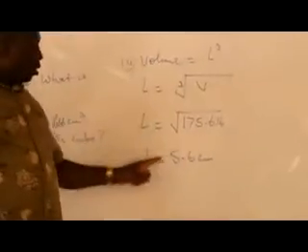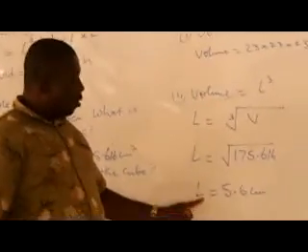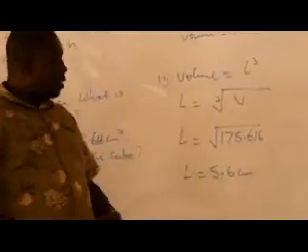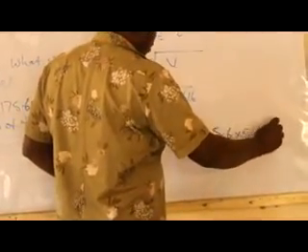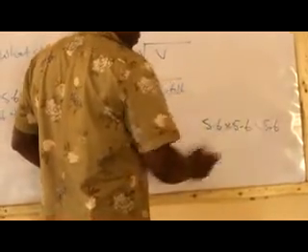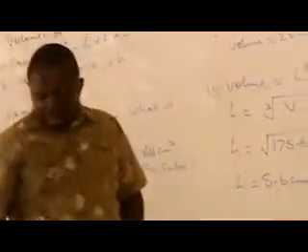So L is the cube root of 175.616, and if you use your calculator, you find that L is 5.6. Therefore, the dimensions are 5.6 times 5.6 times 5.6. That is the sizes of the sides.